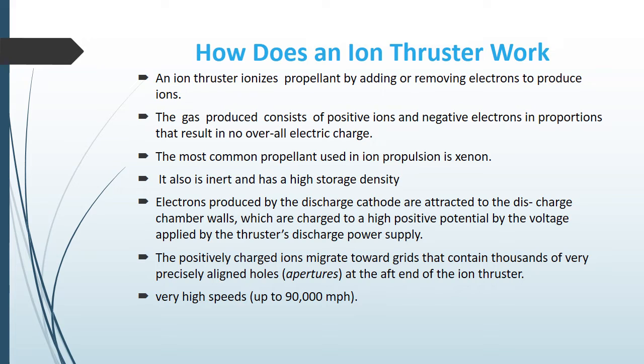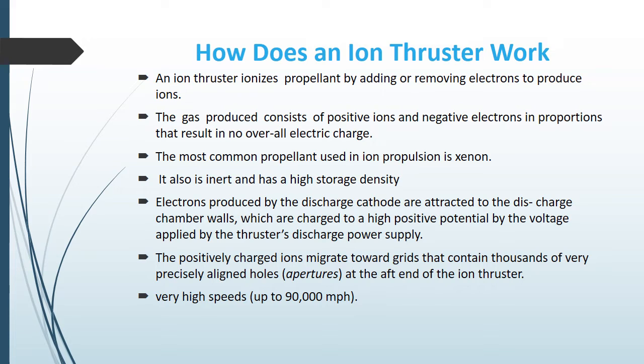The gas produced consists of positive ions and negative electrons in proportion such that the result is no overall electric charge. This is called plasma. Plasma has some of the properties of a gas, but it is affected by electric and magnetic fields. Common examples are lightning and the substance inside fluorescent light bulbs.